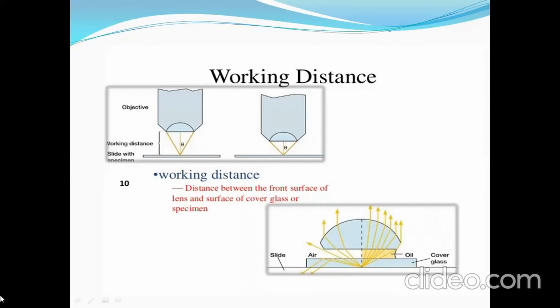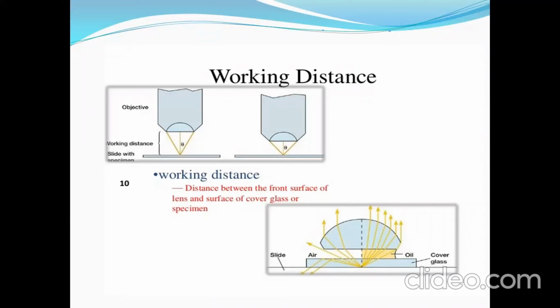So the only way to increase the resolution of a microscope which is working with light, and can optimally produce an image with the blue region of light, is to increase the refractive index of the medium where the lens is working. Previously, up to 40x, we are working with air as the medium, having a refractive index of 1.